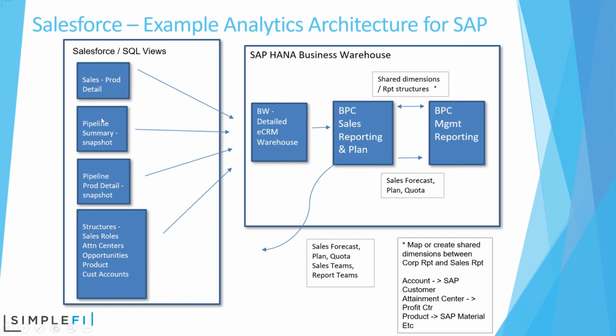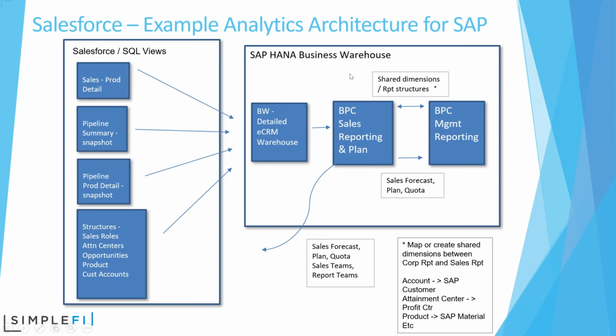So you have 3 transactional data sets potentially. You have your sales detail if you have your sales in Salesforce. You have your pipeline summary snapshot detail, which has your wins and counts and high-level information, and then pipeline product detail snapshot information. So these are 3 transactional sources if you're an SAP person. And then again, within these views, we have all these reporting characteristics and hierarchies and structures that are coming out of Salesforce.